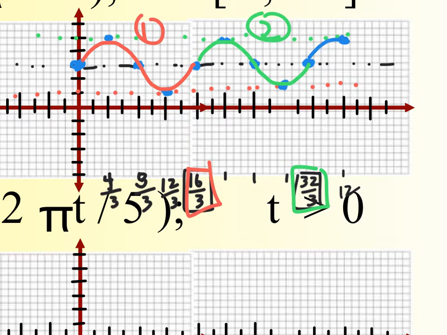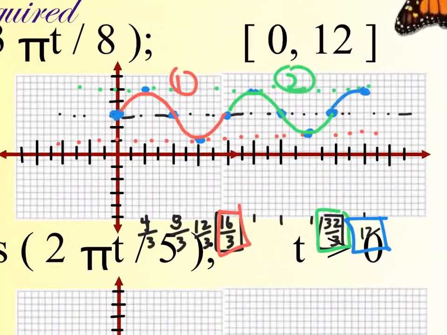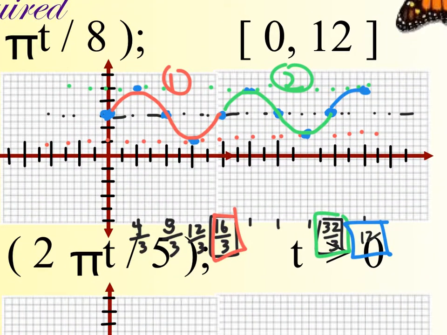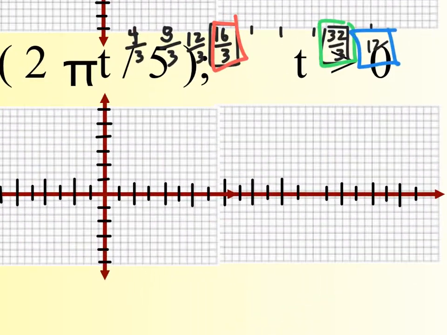A portion of cycle number 3, ending at 12. There you go, guys. That's how you would do that. Of course, this tells us to only graph between 0 and 12. On the next problem, it says t greater than 0, so it's basically telling you to go as far out as you possibly can within the confines of the space provided.